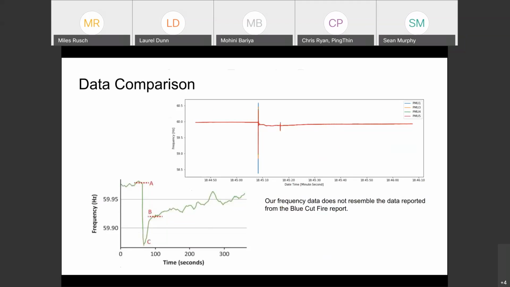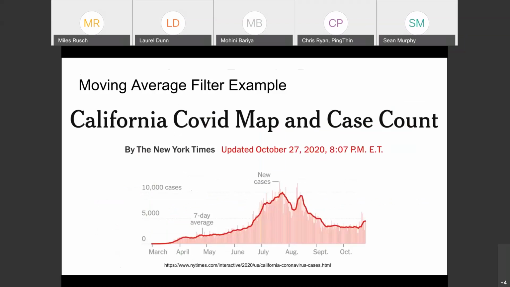And to explain the concept of a moving average filter, let's look at some plots that many of you have seen following the news. Here is a graph from the New York Times of daily COVID cases.